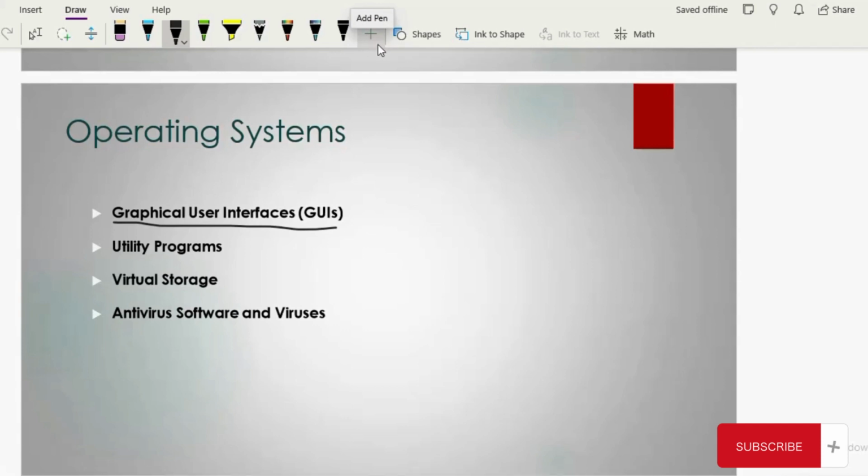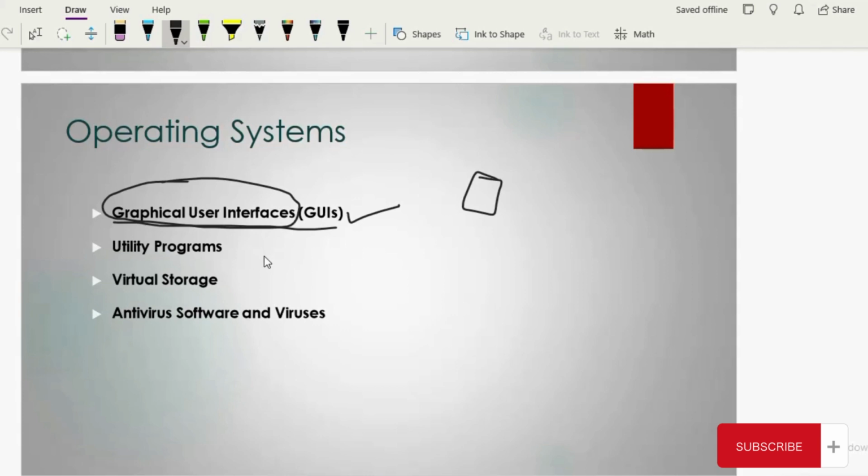Why? Because they are graphics. I don't need to type code to open a program, right? So end users always have a GUI because they're not programming experts. They click on the icons, and the icons open for them.